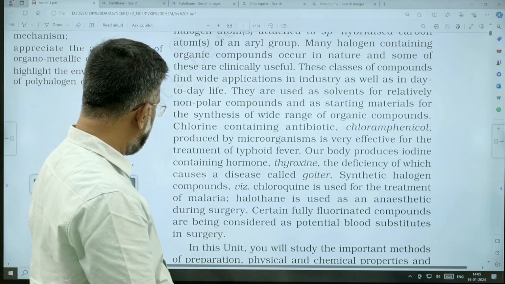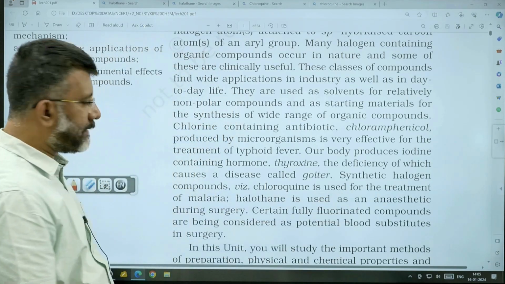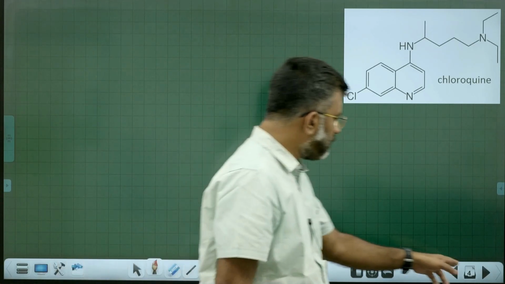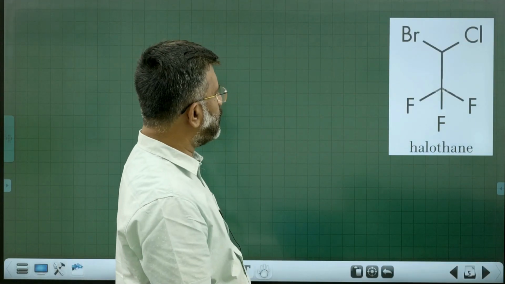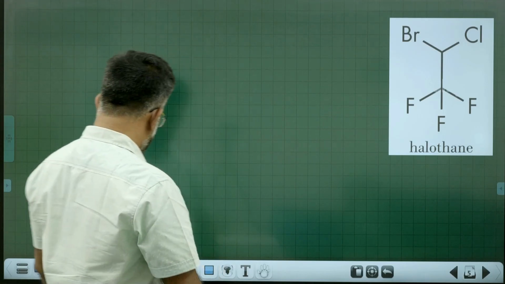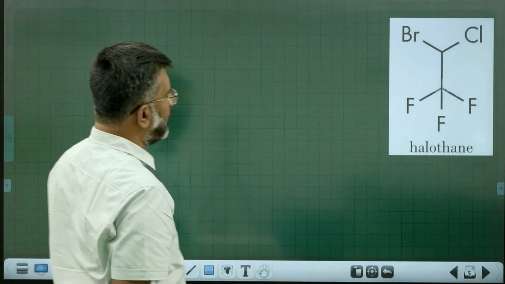Chloroquine. Then there is a talk on halothane, used as an anesthetic during surgery. Halothane, a very simple molecule, this is halothane. What is the IUPAC name of halothane? Let us try to figure it out.